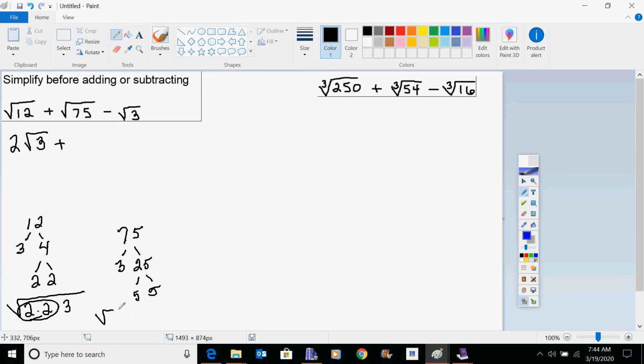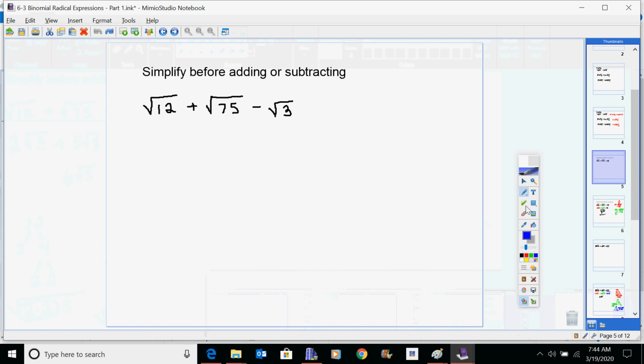So once again here we have 2 5's and a leftover 3. So that would give you 5 times the square root of 3 minus 1 times the square root of 3. So with that we have 2 plus 5 gives you 7 minus 1 gives you 6 times the square root of 3.